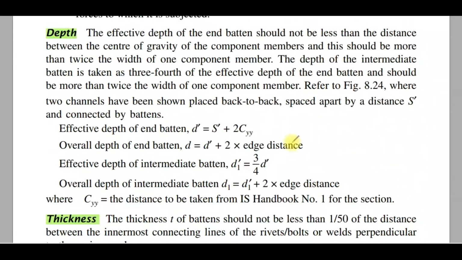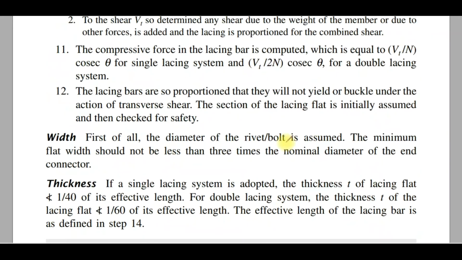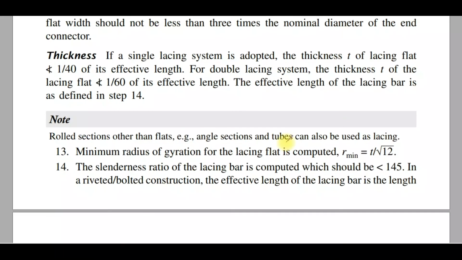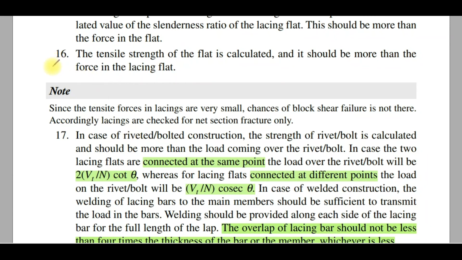Now I want to tell you one more thing, that is in point number 16. Suppose I have not discussed this point number 16. The tensile strength of the flat is calculated. Before these steps, it is saying that the tensile strength of the flat, that is the lacing, should be calculated, and it should be more than the force in the lacing flat.